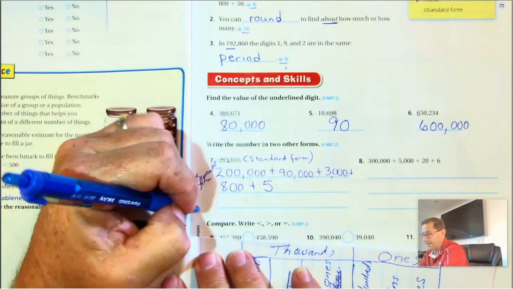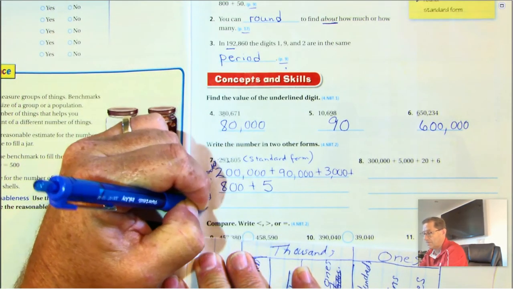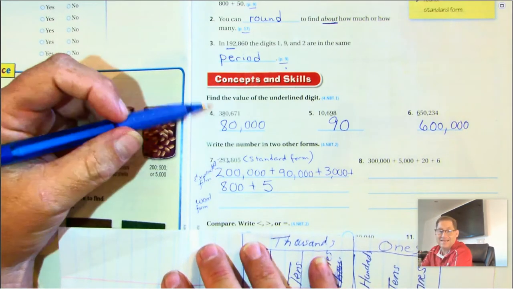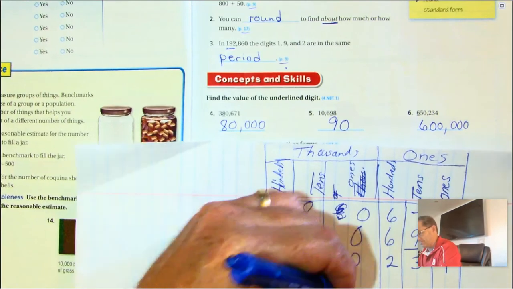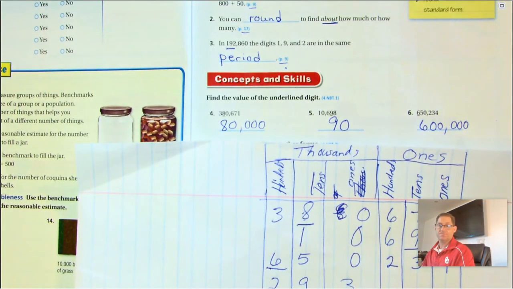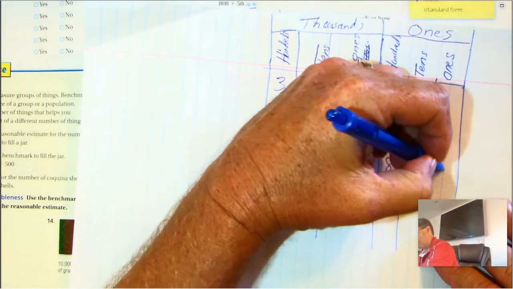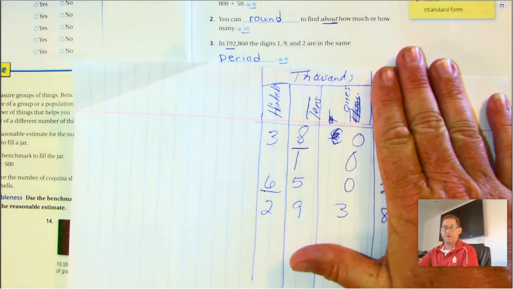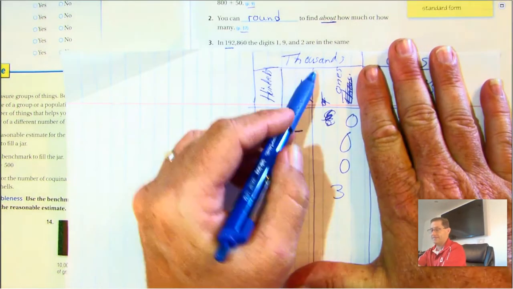And now we need to write it in word form. And you're going to write it exactly like it's said. So if we're not sure, we're going to write the numbers in their place value. Okay, and we're going to read them by periods. So 293,000.